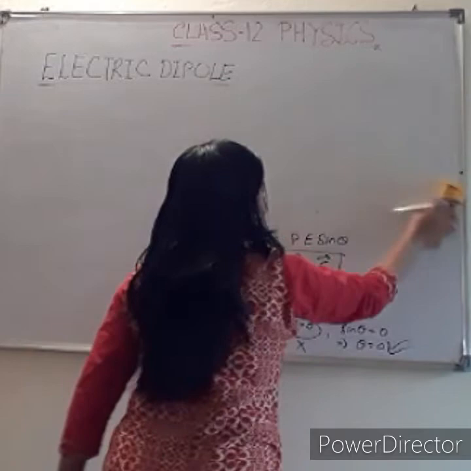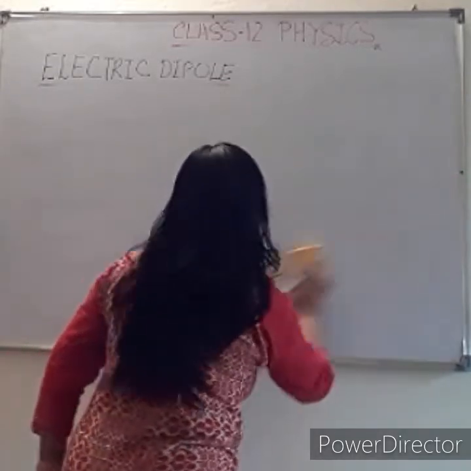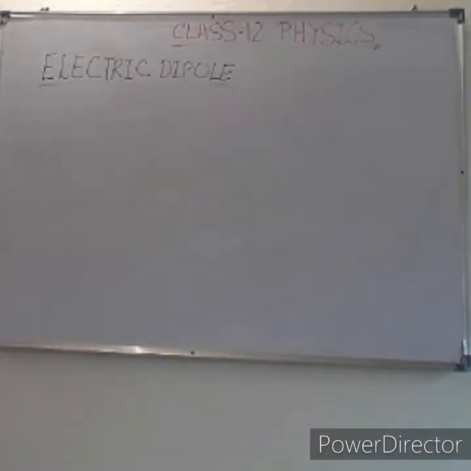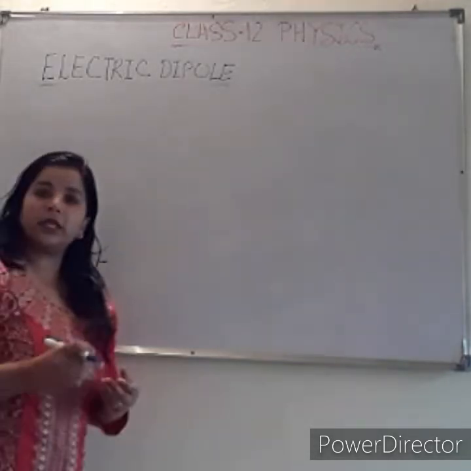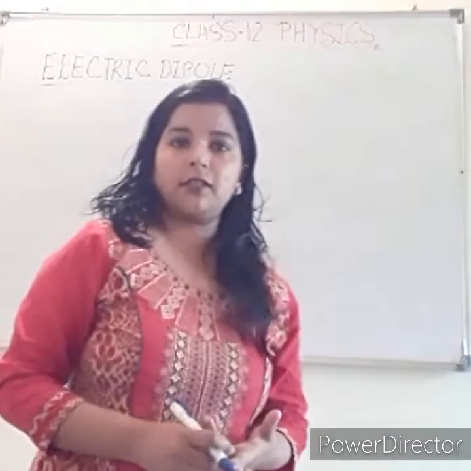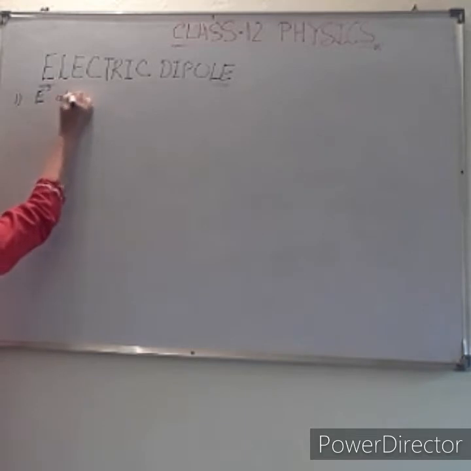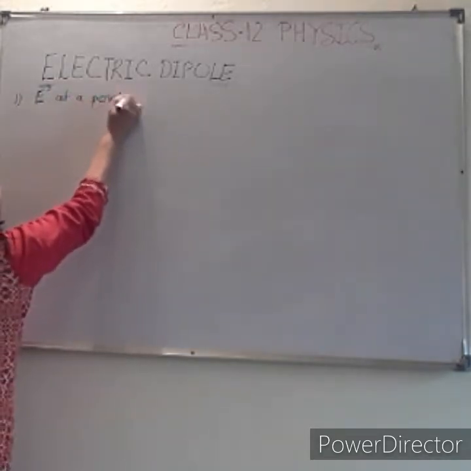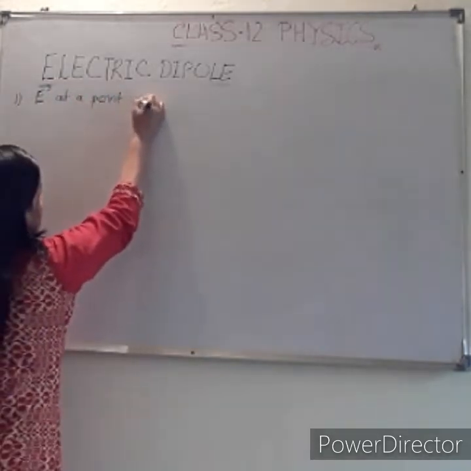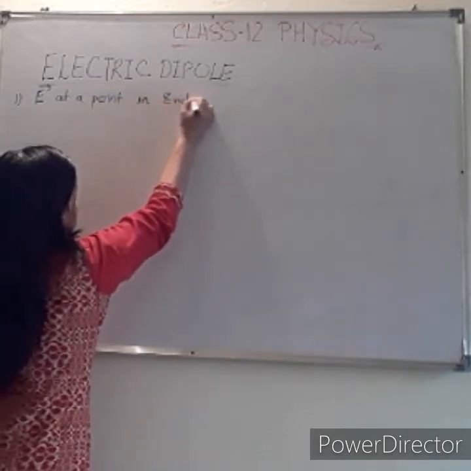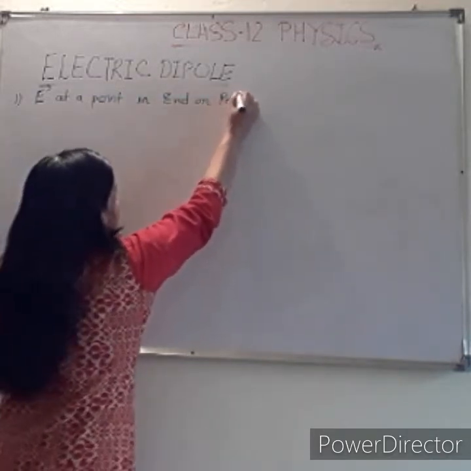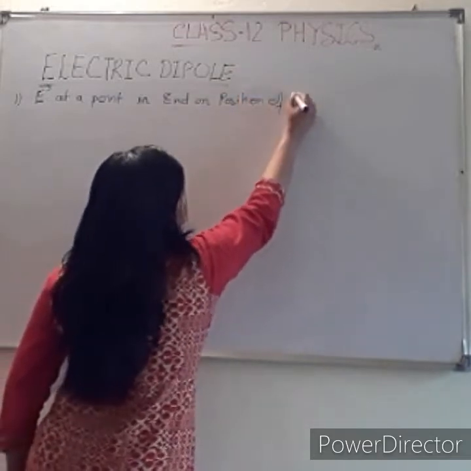Let us take the last topic under this heading, the two conditions of electric dipole. We will calculate the electric field at two positions due to an electric dipole. The first condition is the electric field at a point in the end-on position of the electric dipole.